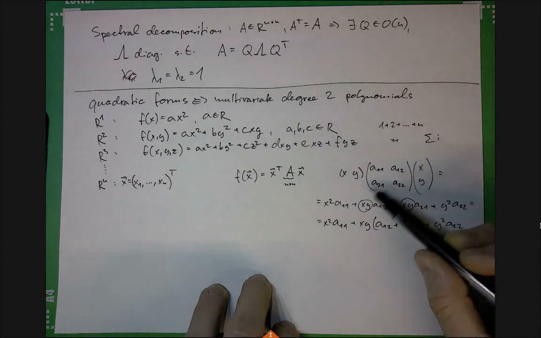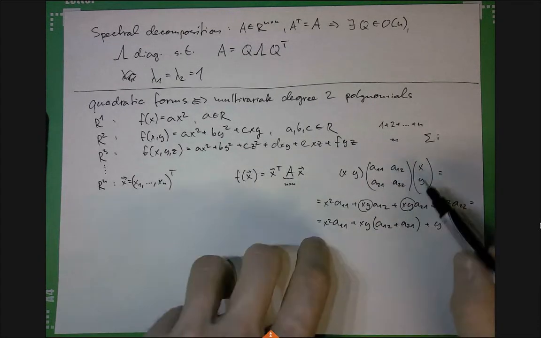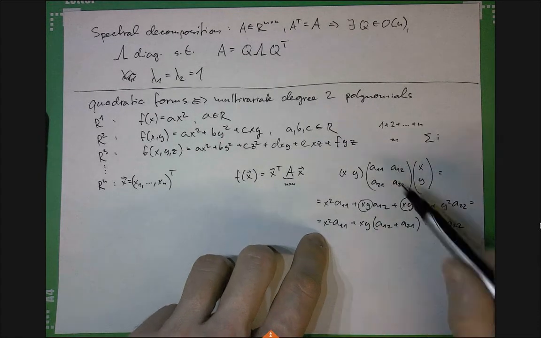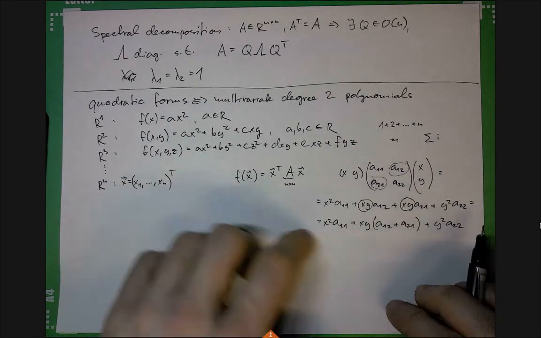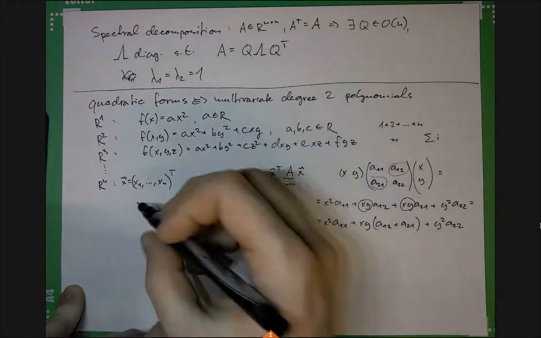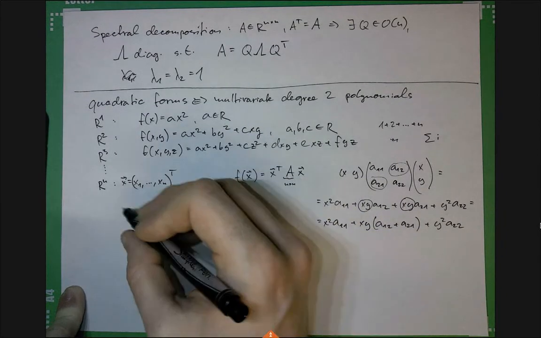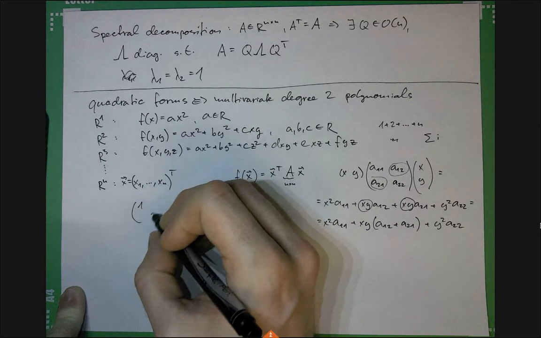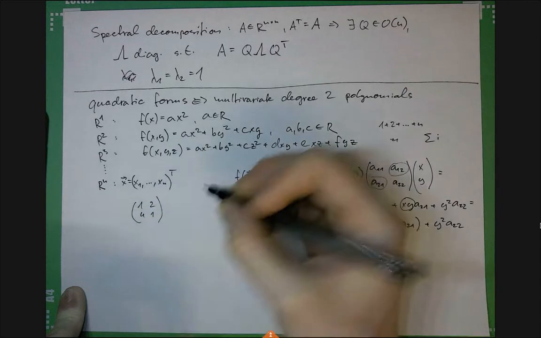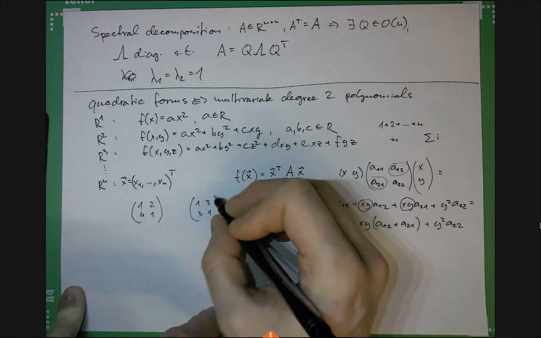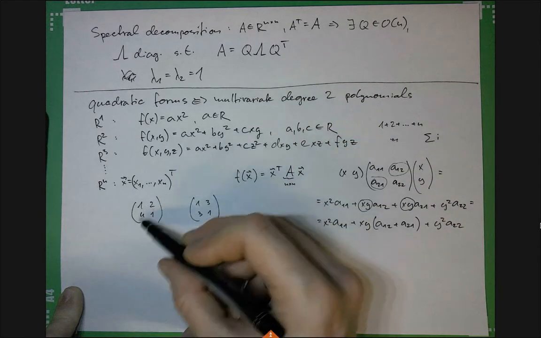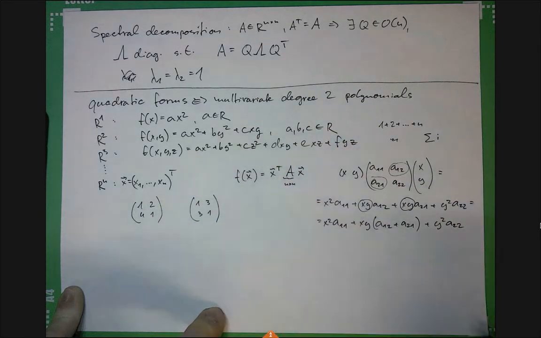So it turns out all that really matters for the quadratic form is the sum of these elements, right? So it doesn't matter if I take a matrix like this or a matrix like this, because in both cases the 2 and 4 sum to 6 and 3 and 3 also sum to 6.